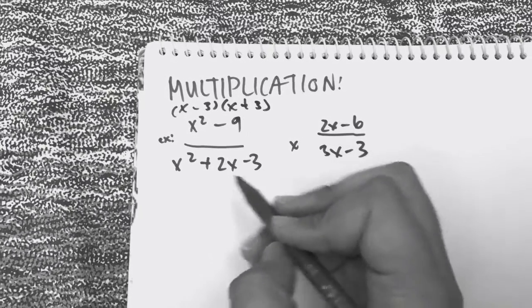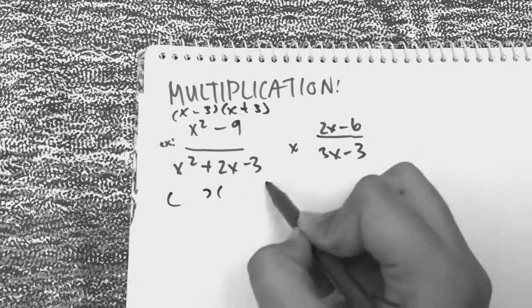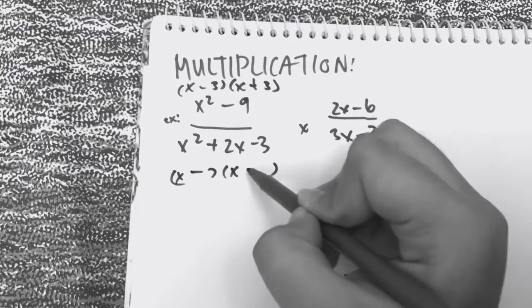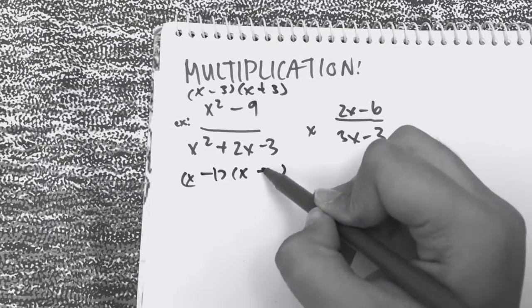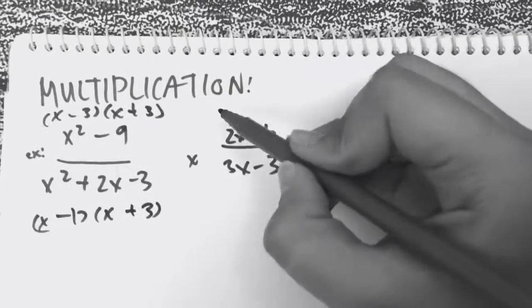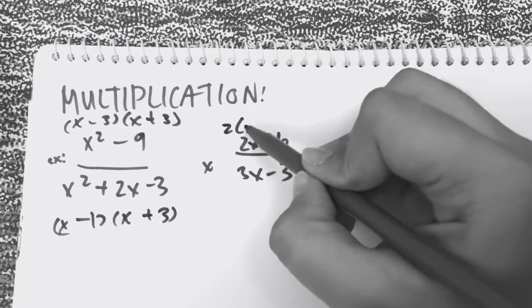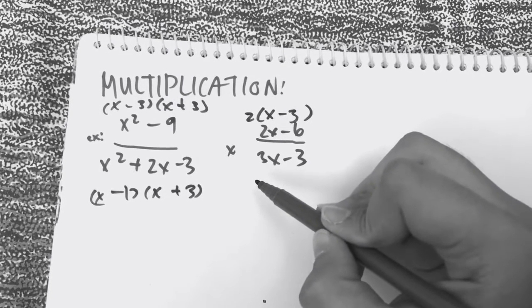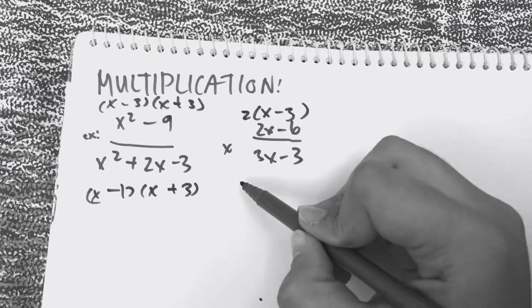And you can also factor x squared plus 2x minus 3 as x minus 1 and x plus 3. 2x minus 6 by 2. And you can also factor 3x minus 3 by 3.